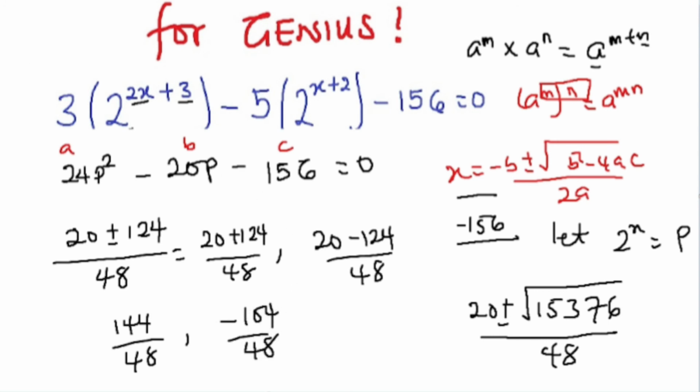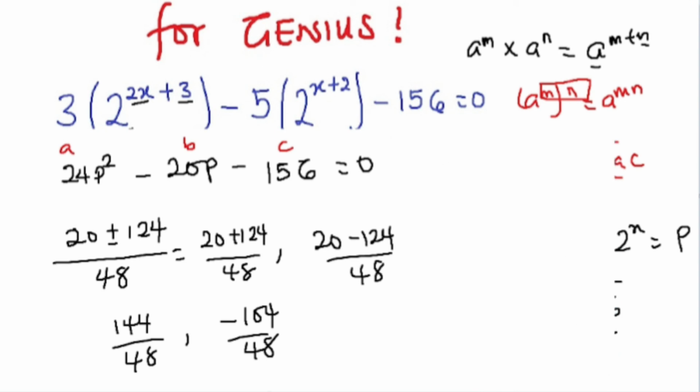All right, so in that case I would still have to simplify further. So 144 divided by 48 is actually 3, so p is equal to 3. Then the other one would be minus 2.167.